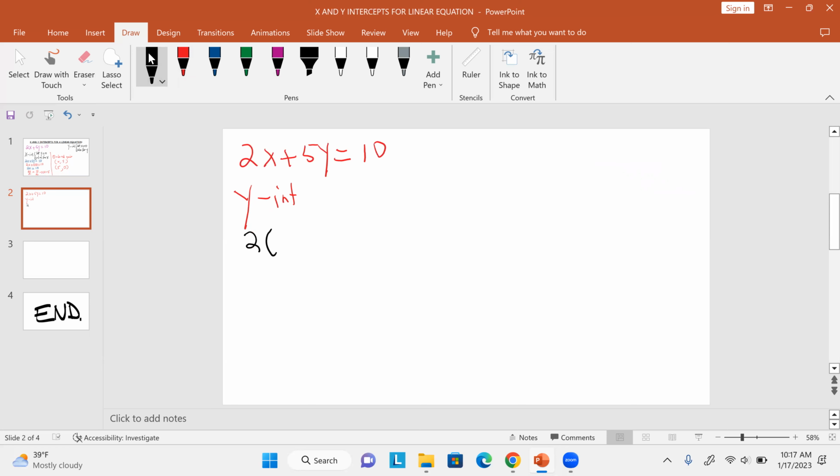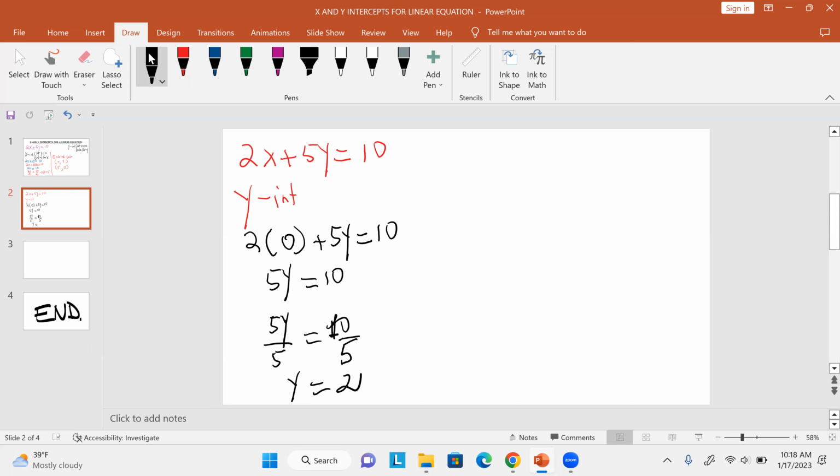We have 2 multiplied by 0, which is going to be 0, plus 5y equals 10. And we need to solve for y. So 5y is 10. To solve for y, we'll divide both sides by 5 to get y alone. So we have y is equal to 2.